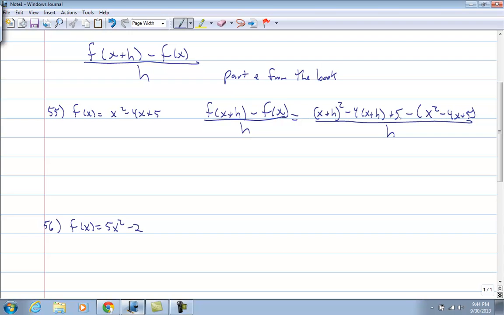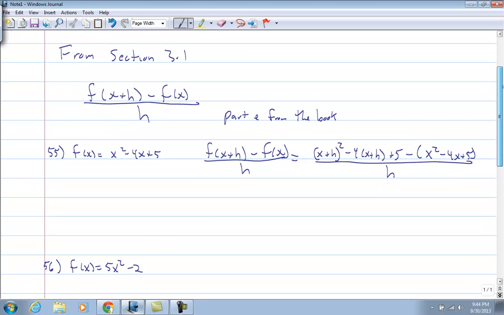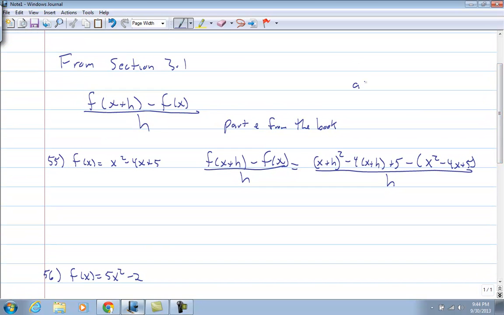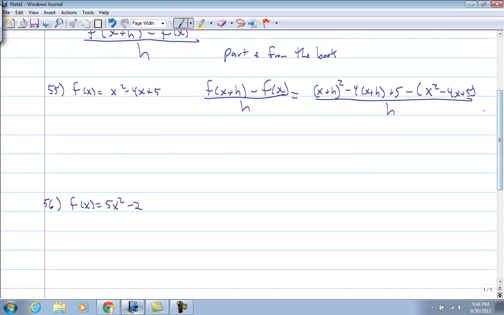Now the biggest problem students have when they do this is they forget how to FOIL out an x plus h squared. They think it's just x squared plus h squared, but it's not. Remember, if you have a plus b squared, you're going to have a squared plus 2ab plus b squared. You can remember that from our Math 96 and 95 days.